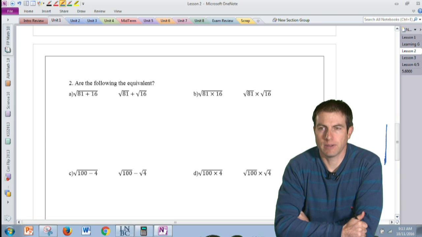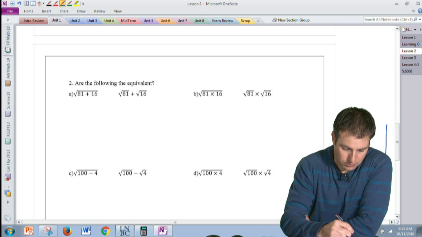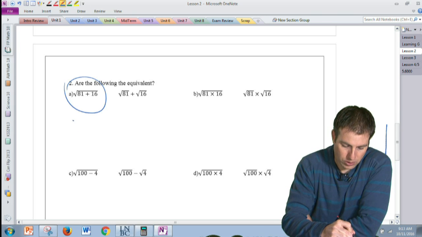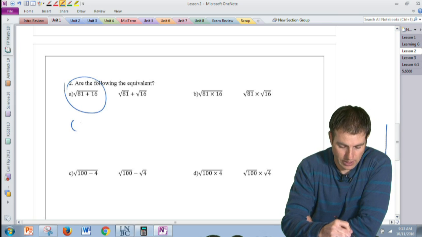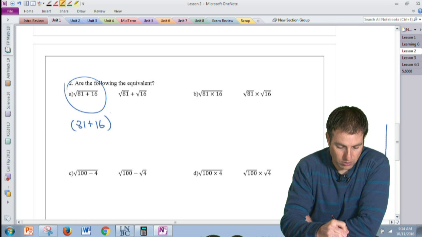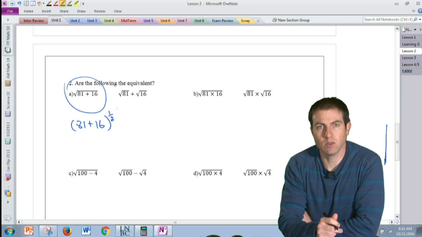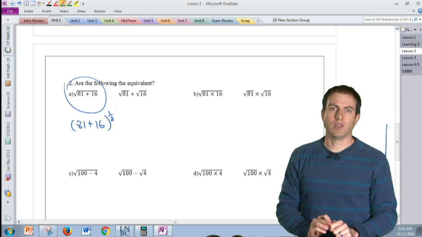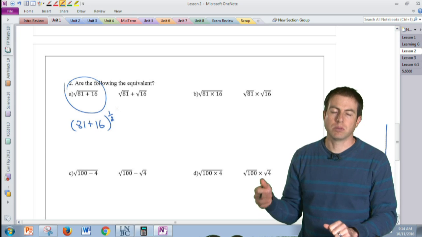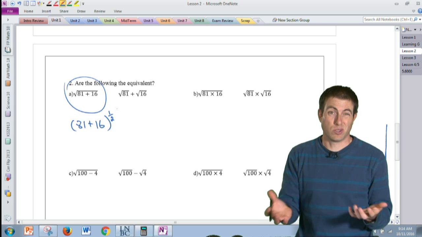We'll learn later, I think in unit 4, that you can write this exactly the same as it is, 81 plus 16, and without going into too much detail, you'll just have to believe me for now, you can write this to the power of 1/2, in brackets. So if we're dealing with these radicals, we want to deal with them in terms of BEDMAS: brackets, exponents, division, multiplication, addition, subtraction. Radicals will always fall into the brackets category. So it's the first thing you have to do.